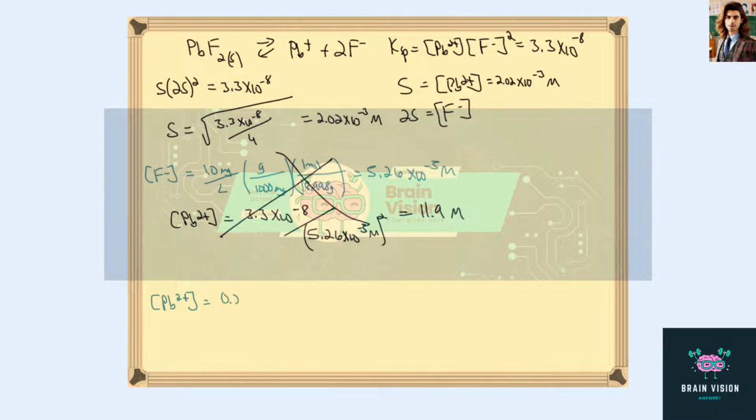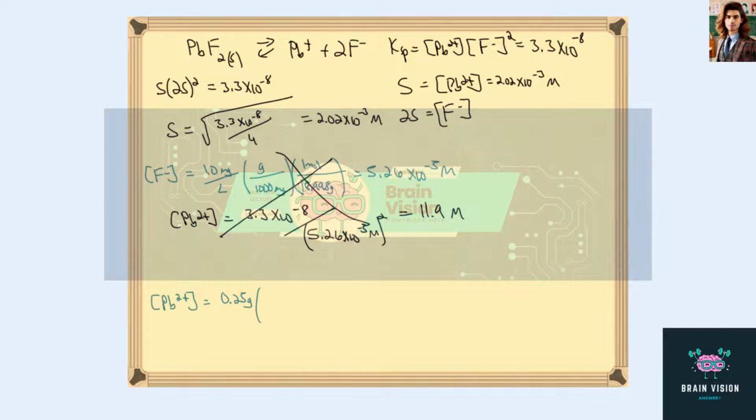So if we take 0.25 grams lead-2 nitrate, in a volume of 1 liter.